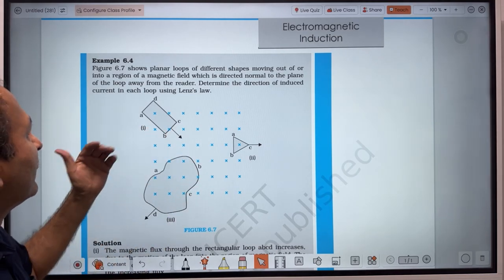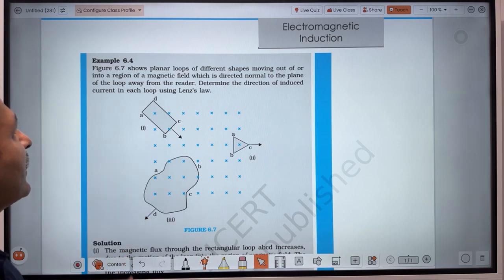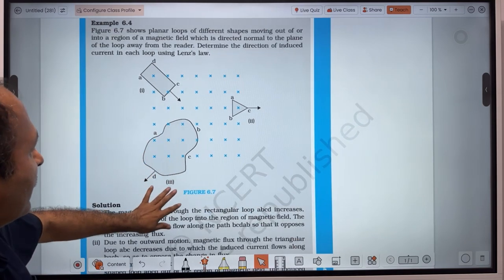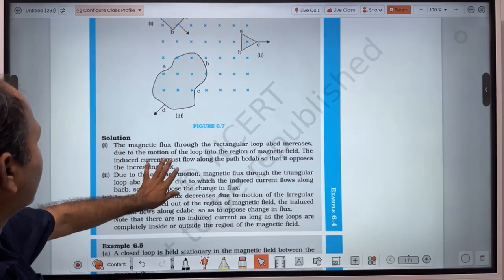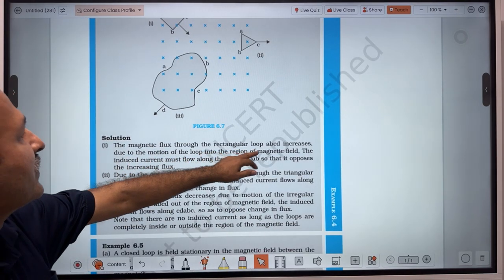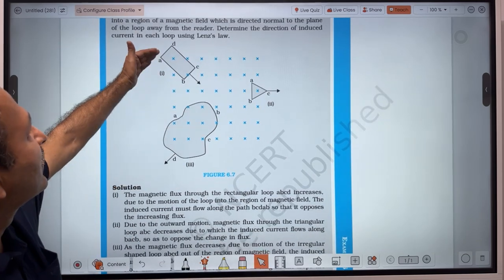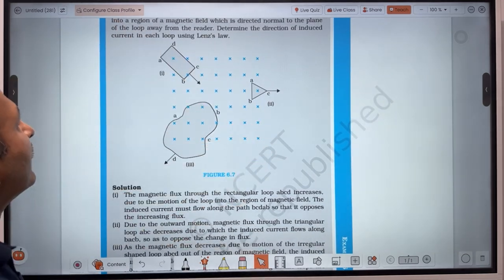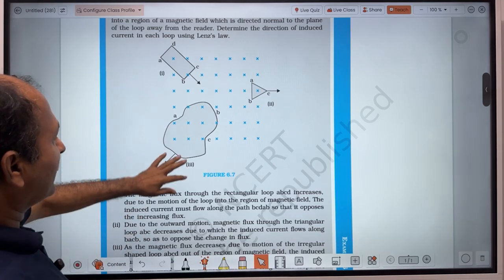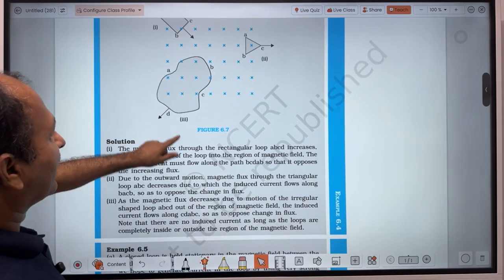So this flux change will give rise to the current. So we have to tell the direction of current here. The same thing is explained here. The magnetic flux through the rectangular loop ABCD increases. Here it was outside, now it is being brought inside the magnetic field. So definitely flux will increase and hence there will be a current.